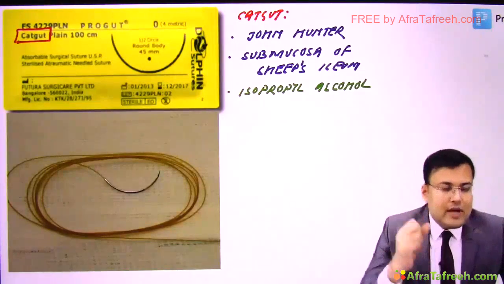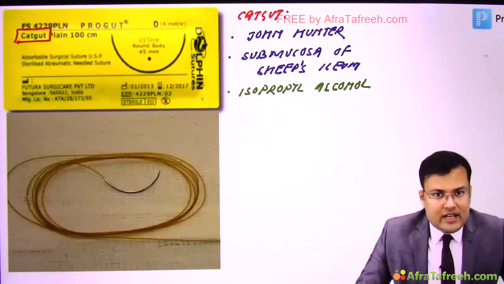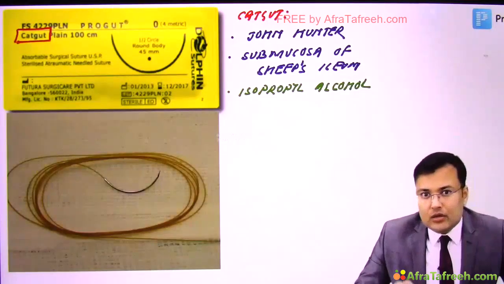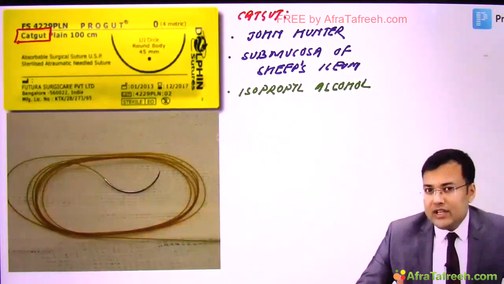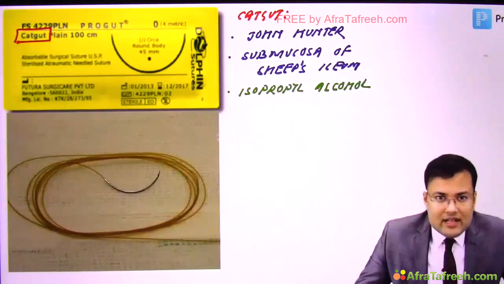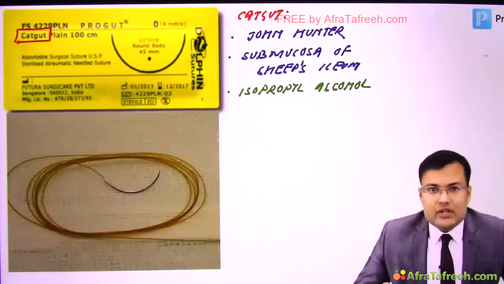After that, there are two types of questions asked. One, that tensile strength of suture is lost in, and second, the suture is absorbed in. These are two different questions. So that's why in the exam you have to read the question carefully, whether tensile strength loss is asked, or in how many days the suture is absorbed.